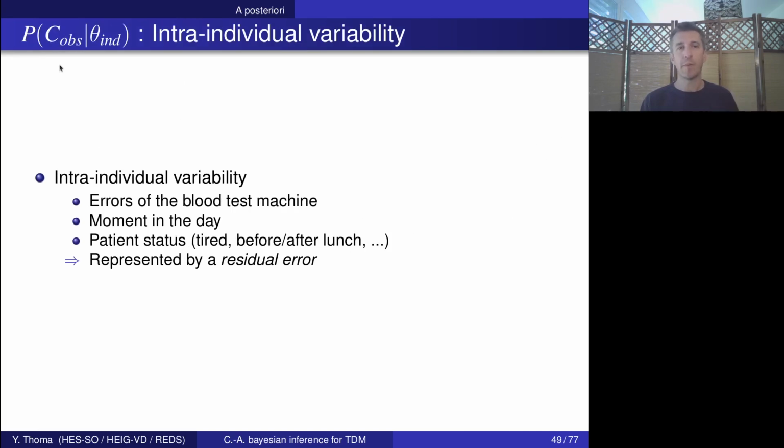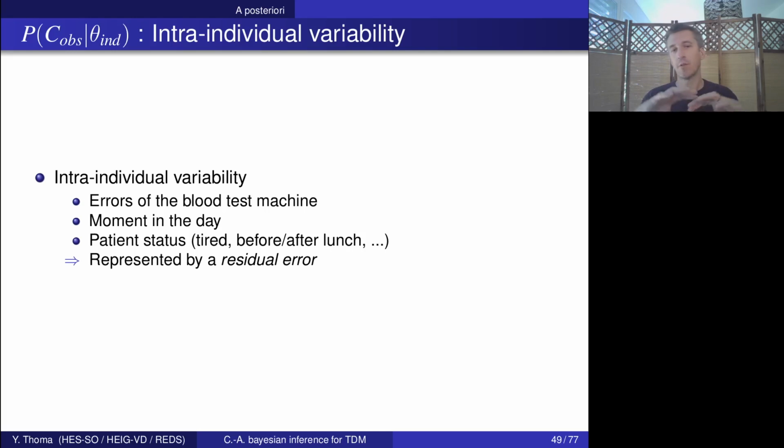And for the probability of the observed concentration considering the parameters, we will use the intra-individual variability. This intra-individual variability is the idea that the blood test machines have an error margin. The moment of the day or the patient status has an influence. If the person is tired, if it's before or after lunch, we won't observe exactly the same amount of drug in the blood.